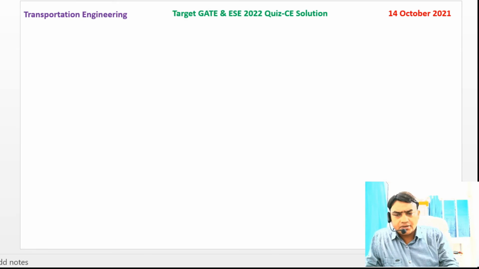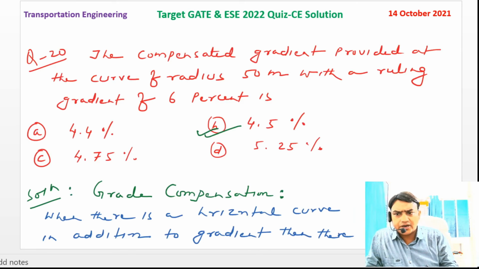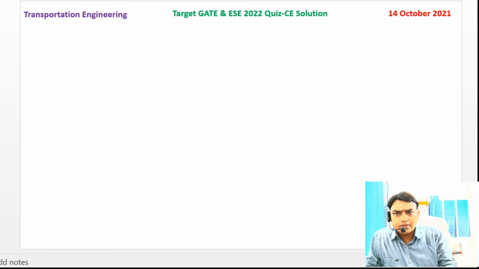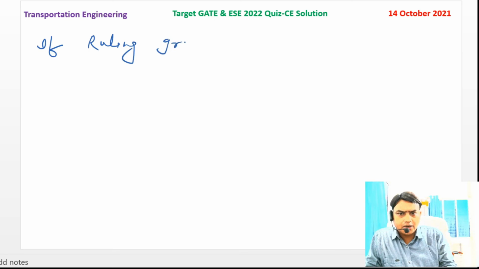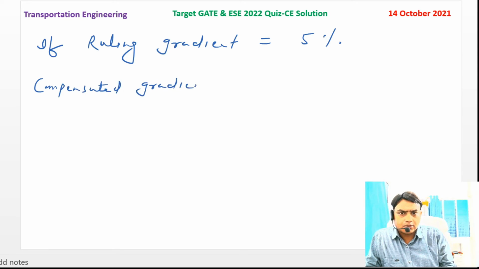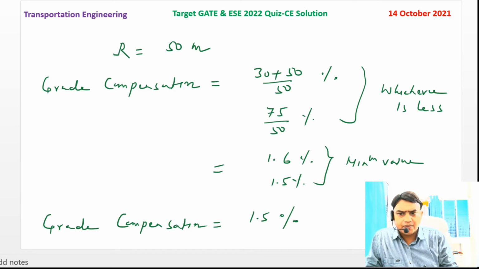Let us say in this question, in another form, if the ruling gradient is 5%, then the compensated gradient can be computed as: compensated gradient is equal to ruling gradient 5 minus grade compensation 1.5.